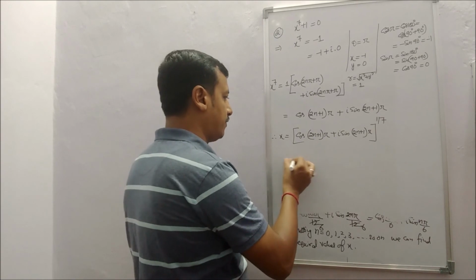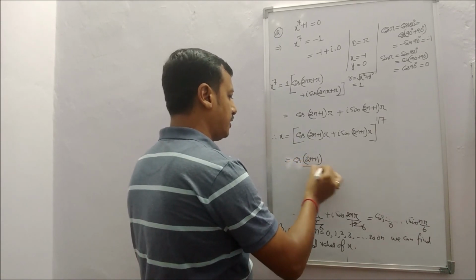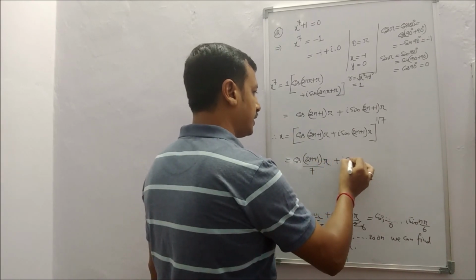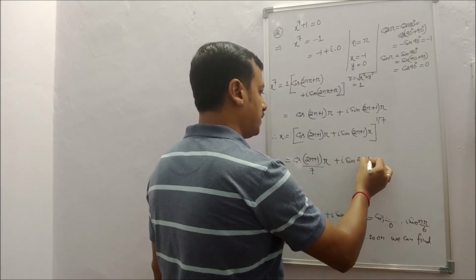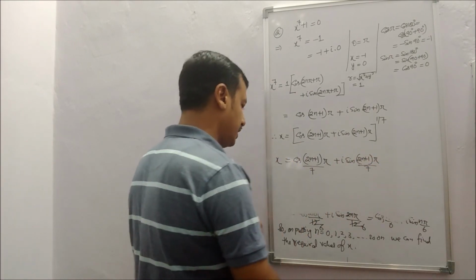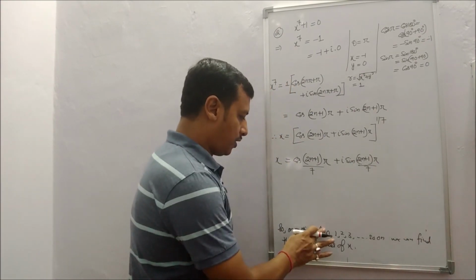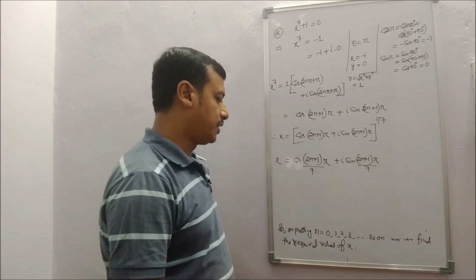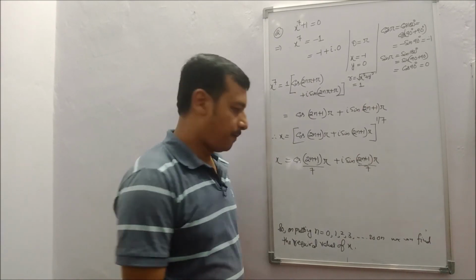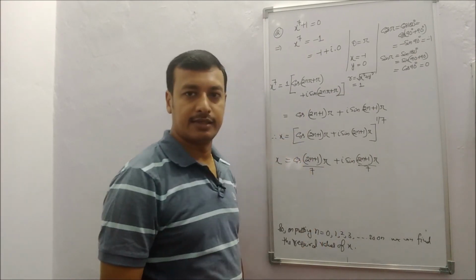So we have cos 2n plus 1 divided by 7 into pi plus I sin 2n plus 1 into pi divided by 7. This is the value of x. So next we can again, on putting n is equal to 0, 1, 2, 3 and so on, find the required values of x.